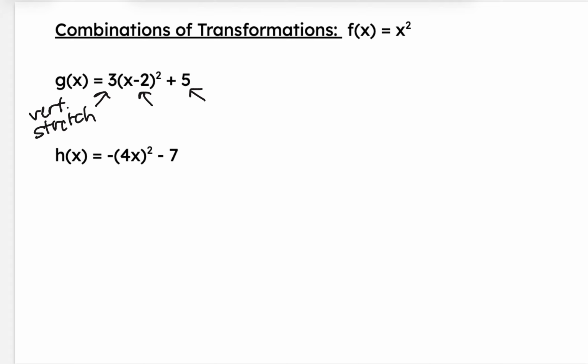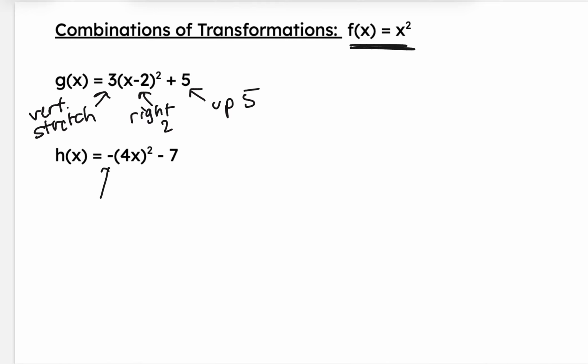And I know it's vertical because the number's outside. It's not inside with the x. And the number is bigger than 1, so it's going to look narrower. So it's a vertical stretch. I know that we're moving to the right 2 and up 5. So all of those tell me what would happen to my parent function f of x equals x squared.